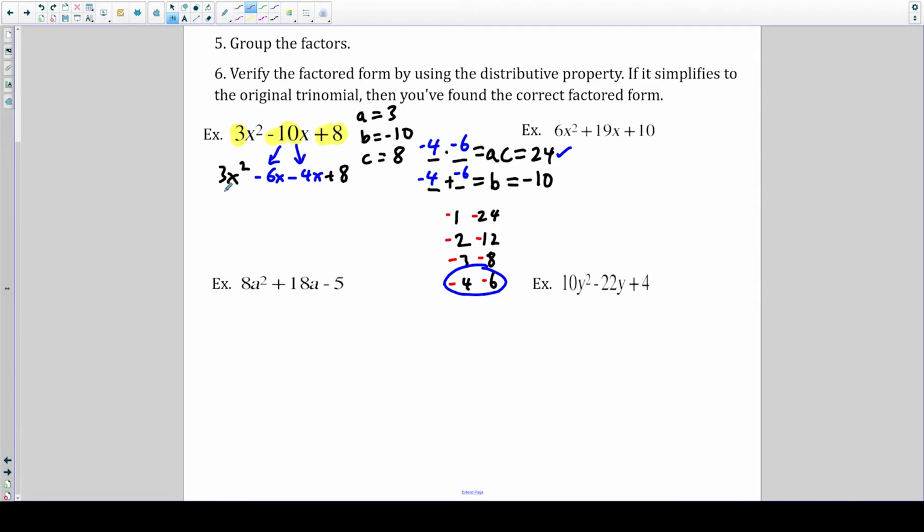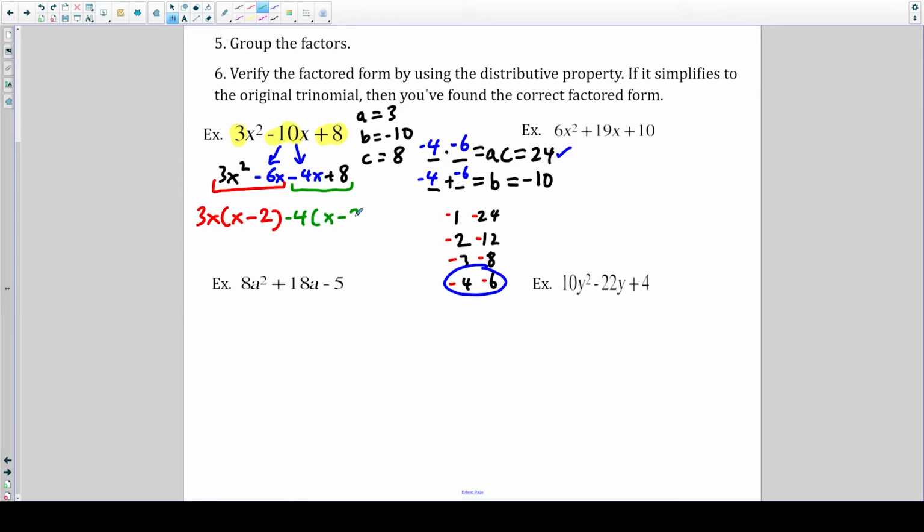From here, this is going to be really just factoring by grouping. We're going to pair up the first two terms, and then we're going to pair up the last two terms. We're going to look for that GCF. So in this case, the GCF is 3x. We're left with an x minus 2 inside of the brackets. I'm going to factor out a negative 4 here. So what's left over?